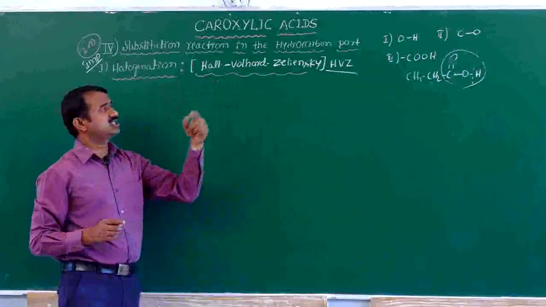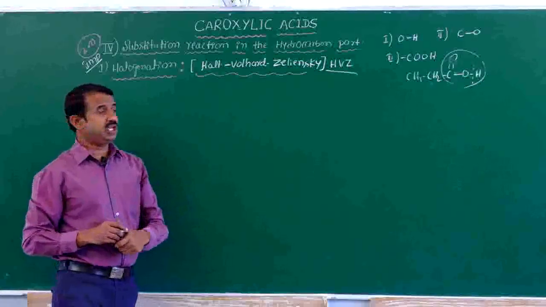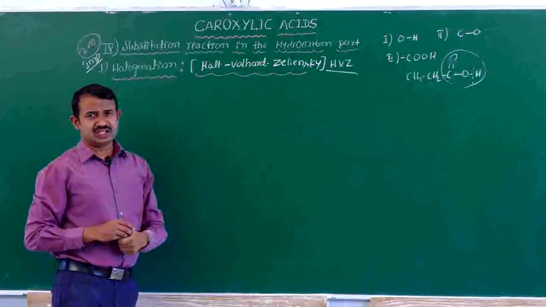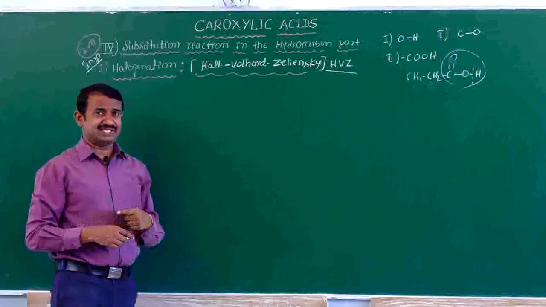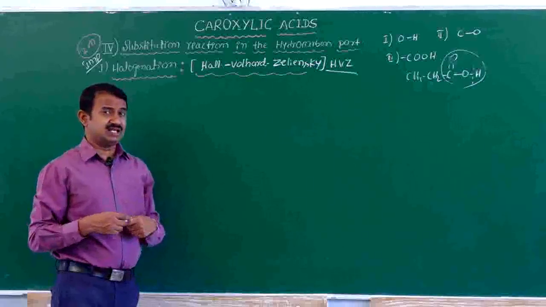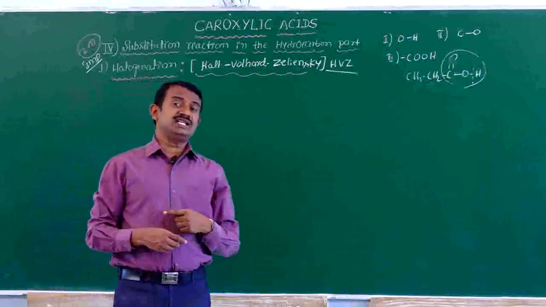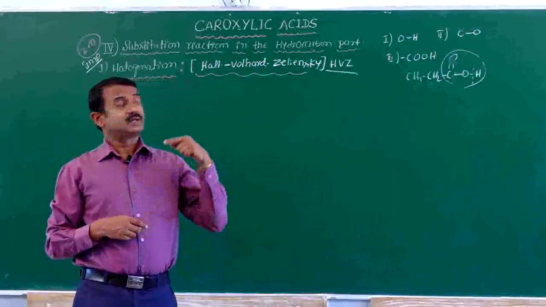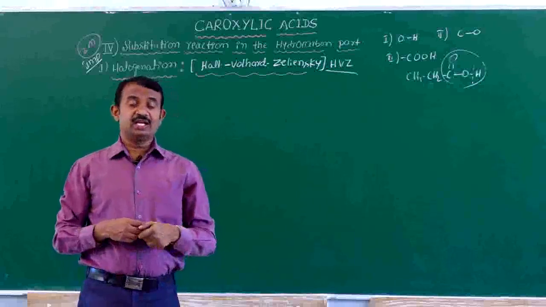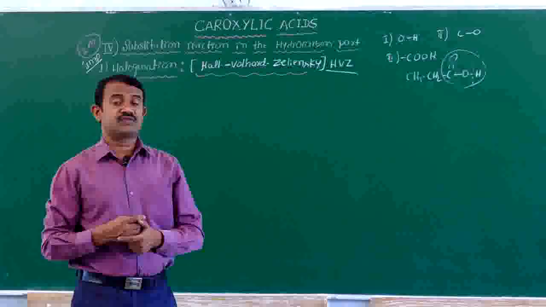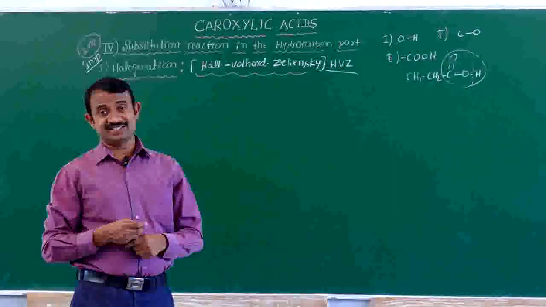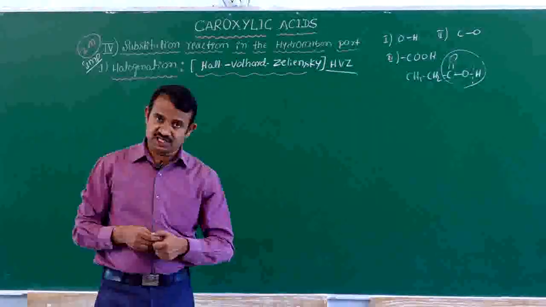This reaction is called HVZ reaction. Okay, I will explain what HVZ reaction means. When the carboxylic acid which contains alpha hydrogen reacts with chlorine, bromine or halogen in the presence of a small quantity of red phosphorus to form alpha halocarboxylic acid, this reaction is called HVZ reaction.